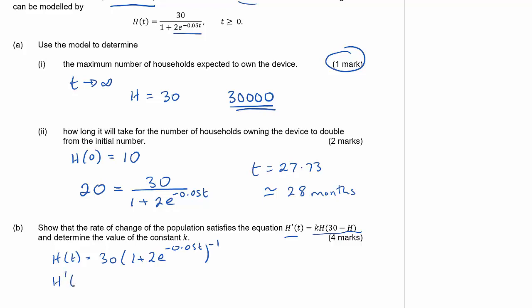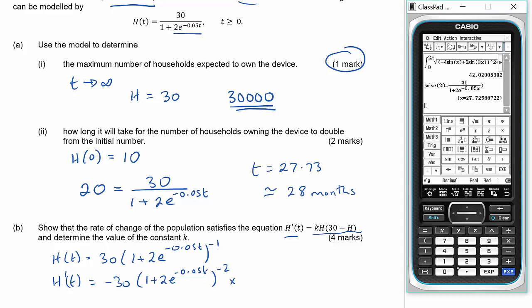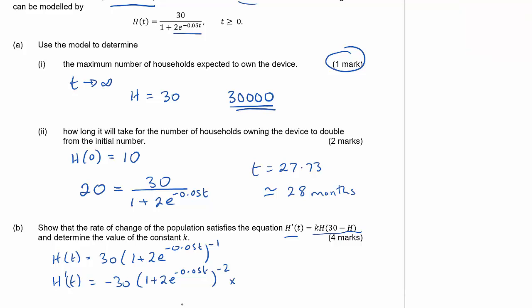And then h dashed of t would be negative 30 times (1 plus 2e to the negative 0.05t) to the negative 2 multiplied by the differential of the inside here. So we're going to need 2 times 0.05, which is 0.1.